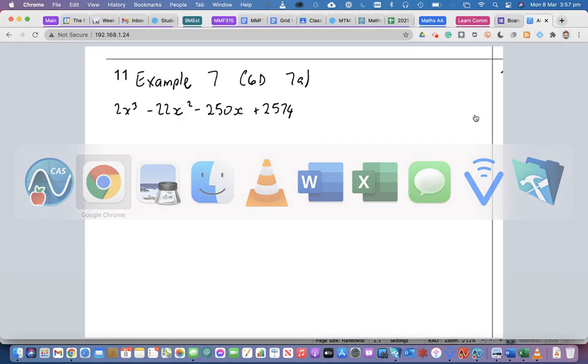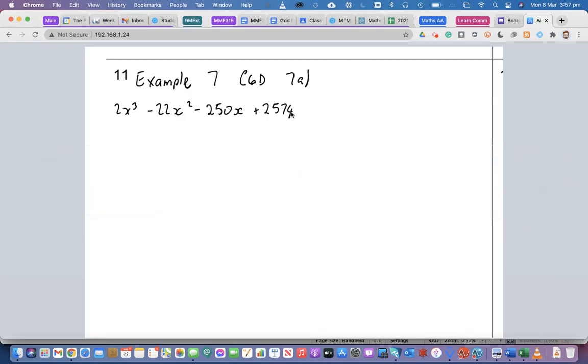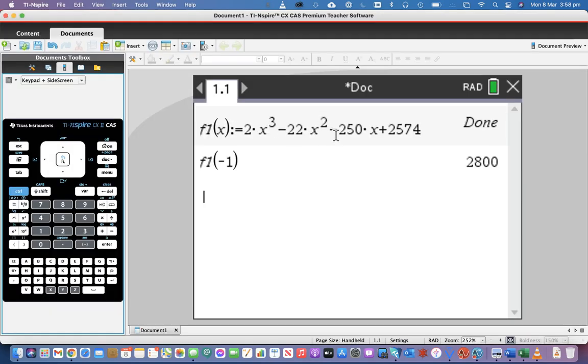Imagine you're given this question in the exam and it's worth 3 marks, or you're told it's in the calculator section, or you're told to use the factor theorem to factorize. So you have to show some working out, but you want your calculator to do the grunt work of doing the calculations. Once it's written in here, you can effectively just try different factors. I'm nowhere near it, so I know I don't need to go higher than that. I can also see there's a common factor of 2 here already.